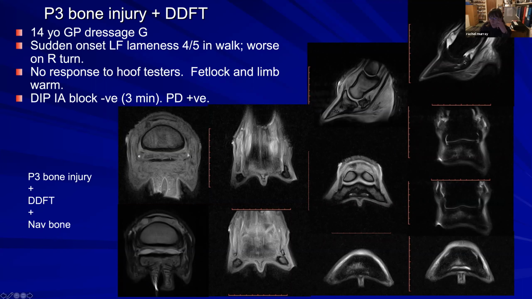The navicular bone also has fluid signal, which is extending in line with this potentially strain of our navicular support ligaments. And you can see the navicular bone on various different sequences. We've got increased fluid signal and the marked increase in fluid signal in the distal phalanx.